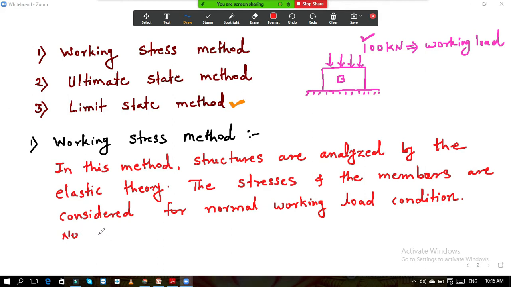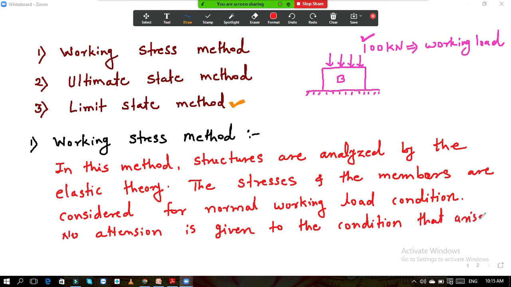See, I am writing here: no attention is given to the condition that arises at the time of structure collapse.